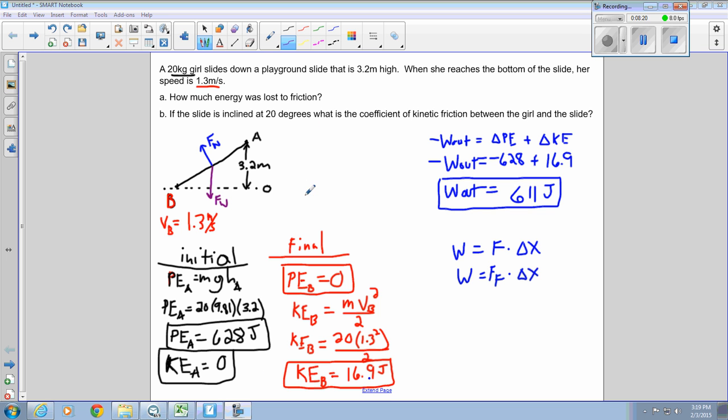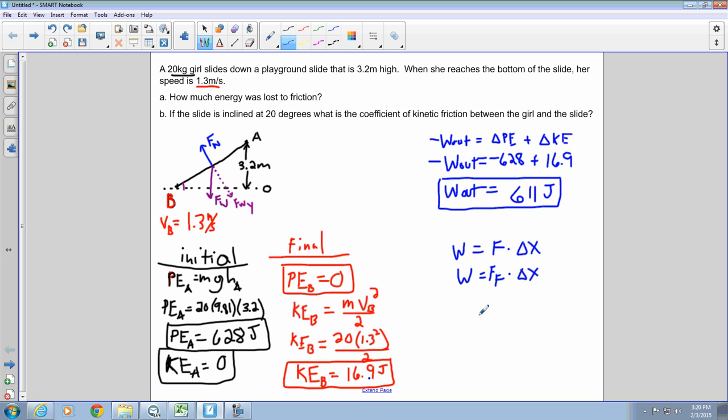So force weight is down. We really want to figure out this weight in the y direction. And if we know this here is 20 degrees, then this angle here is 70 degrees.